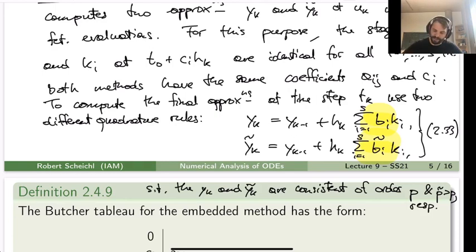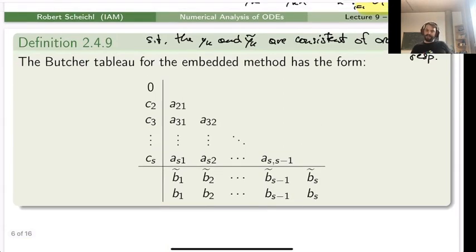And as before, we can write this in a Butcher tableau. The Butcher tableau for the embedded method has the form, as we know that both of them have the same aij's and ci's, we can have only one tableau up here, because both of them have the same tableau anyway. All we do is we essentially add an extra row down here, so that we have two quadrature formulae down here. One with the b tildes and one with the b's. Okay?